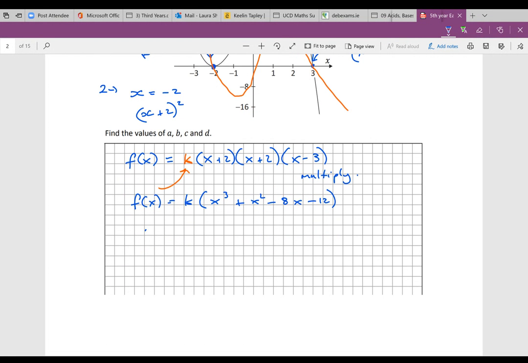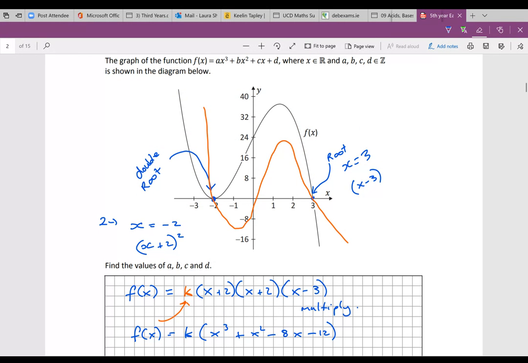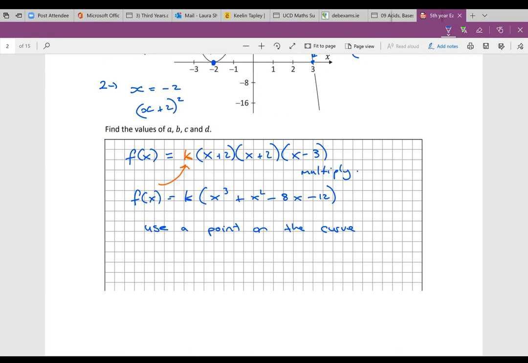Then I use a point on the curve. I can choose any point. I'm going to rub off this orange line. The easiest one for me to choose is this one, which is (0, 24).